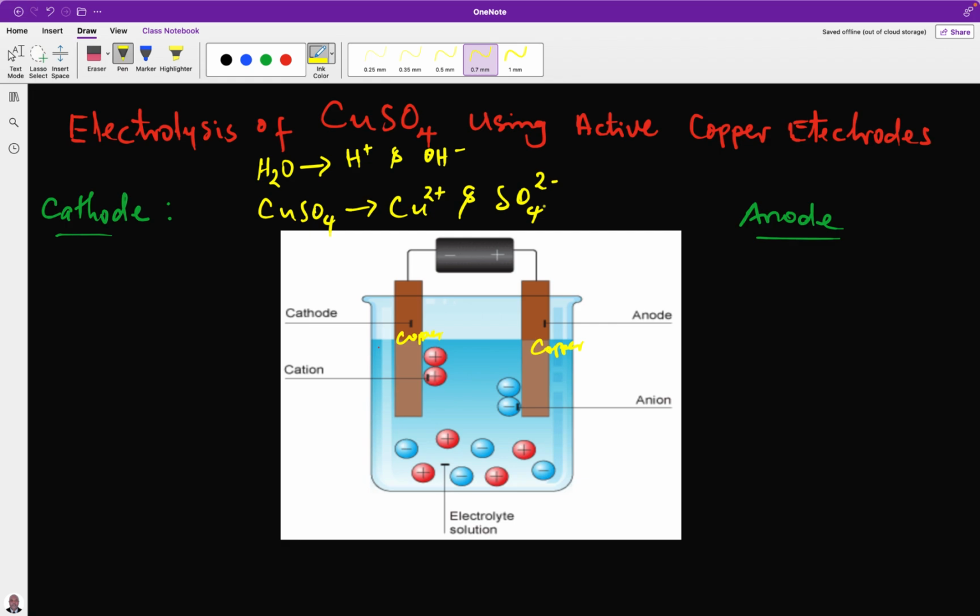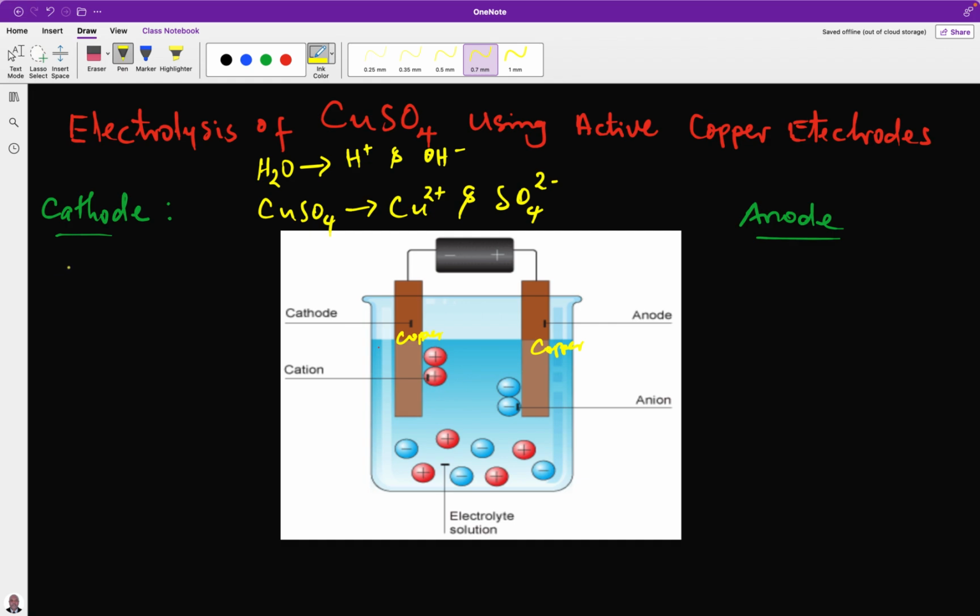But remember, there is something at the cathode. The reaction this time around is going to change because all the electrodes are active electrodes. At the cathode, copper 2 is deposited.